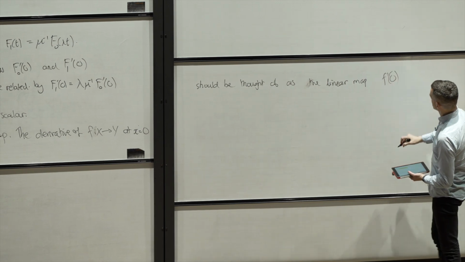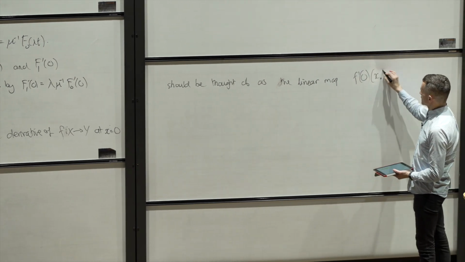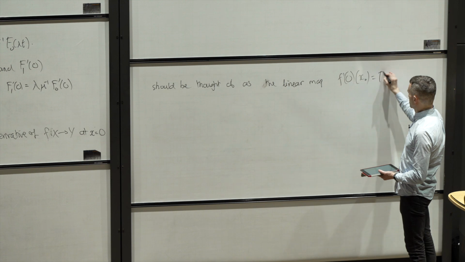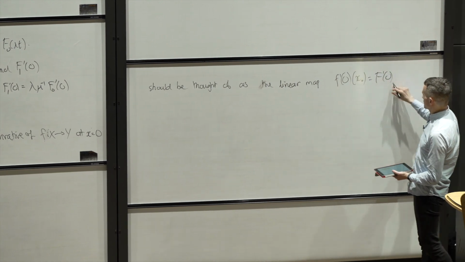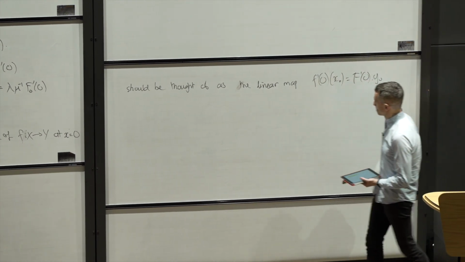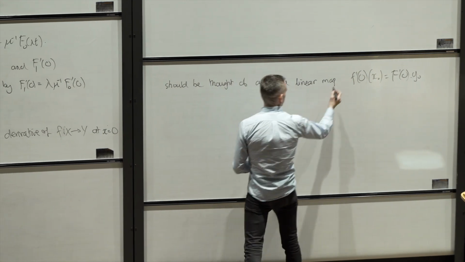Let's write it like this, f prime at 0, which sends x0 to this scalar times y0. So it may be given by.